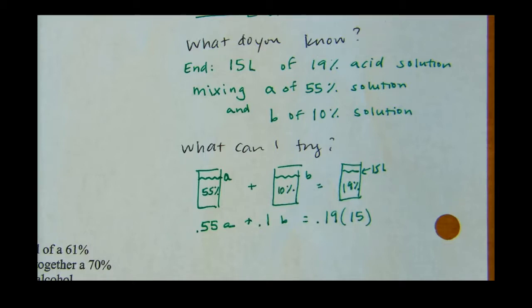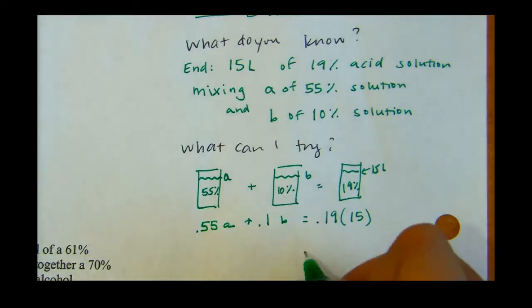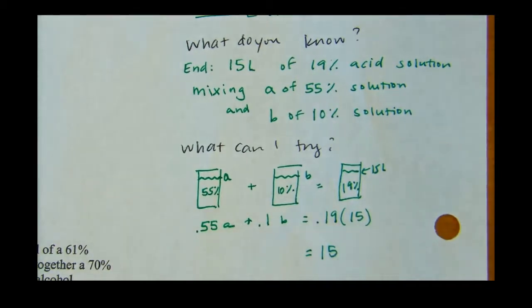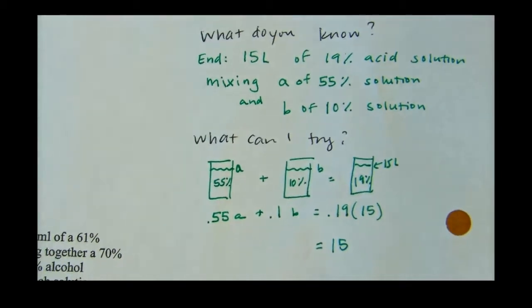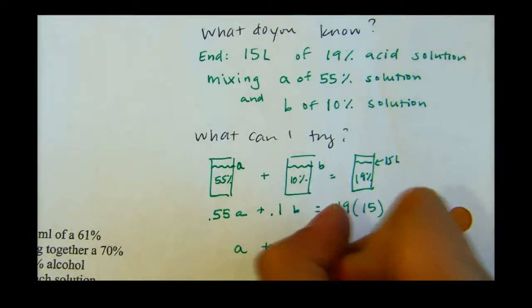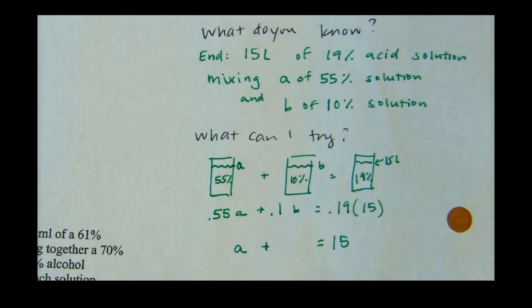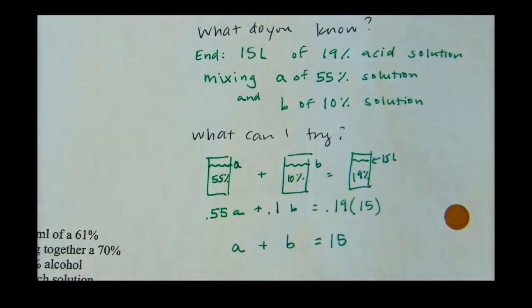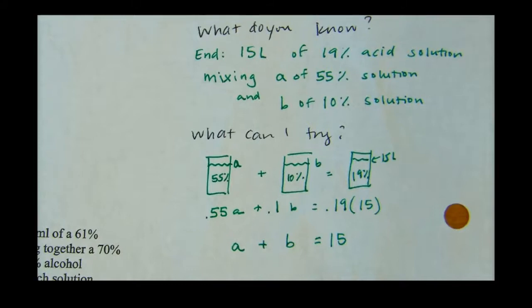Well, I know that in the end, I want 15 total liters. What I don't know is how many liters of solution A I'm mixing with how many liters of solution B. But I do know that these two amounts, once I add them together, should equal 15 liters.